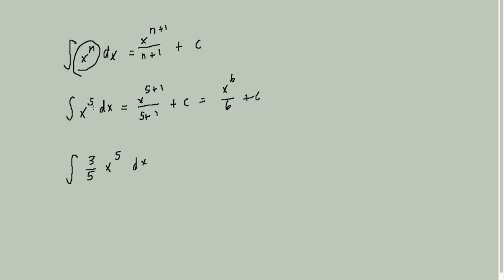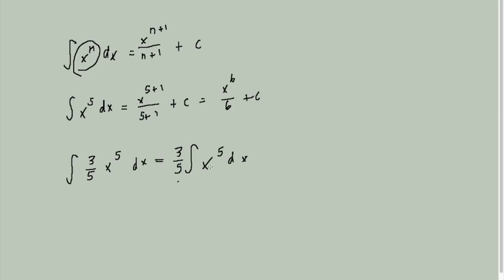So the first thing we'll need to do is take this integral and rewrite it. This 3/5 is just being multiplied by the x to the fifth, and we're allowed to just move the 3/5 out in front of the integral and just write it as x to the fifth dx.